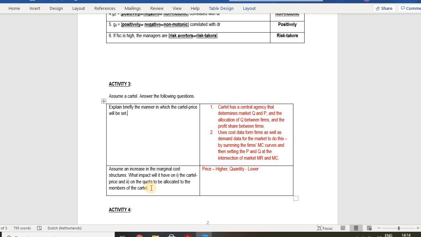So the prices in the market will be high, but the quantity shared amongst the members will be low, because it's expensive now to produce additional product. Okay, so when there's an increase in marginal cost structure, the price will be high, but the quantity will be low.